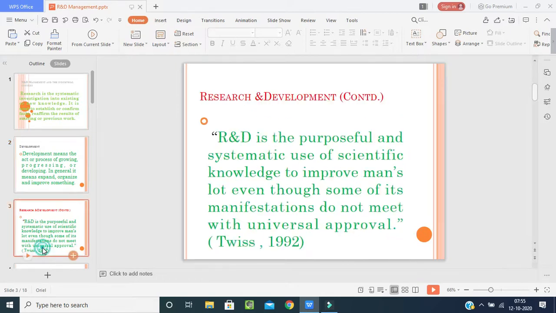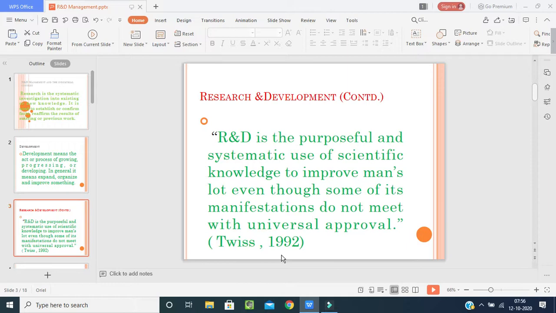Now, what do you mean by R&D in mix? R&D is a purposeful and systematic use of scientific knowledge to improve man's lot, even though some of its manifestations do not meet with universal approval. This is by the expert Twist in 1992. He has mentioned in his book that research and development is a purposeful and systematic use of scientific knowledge.